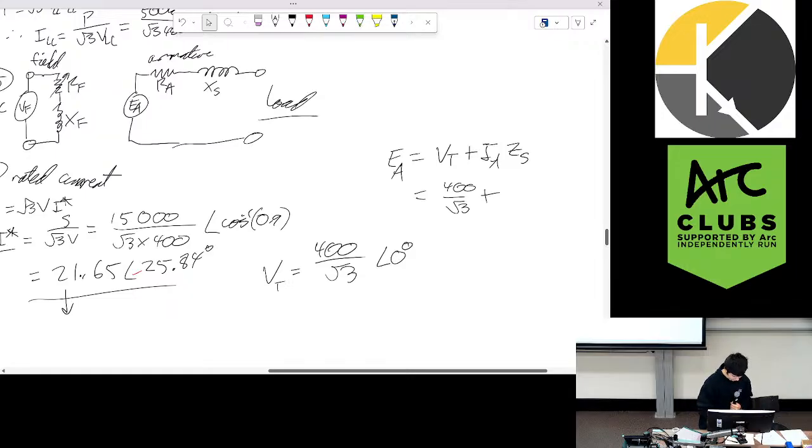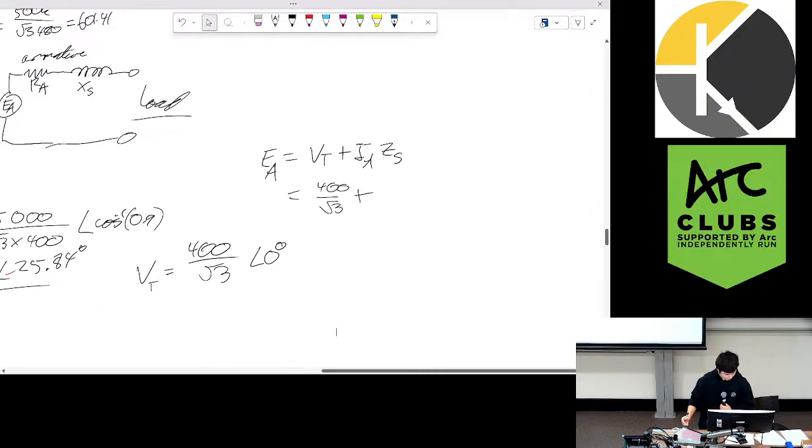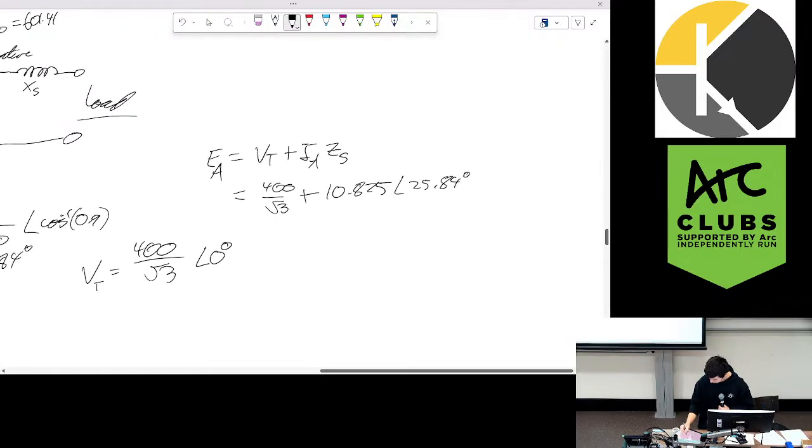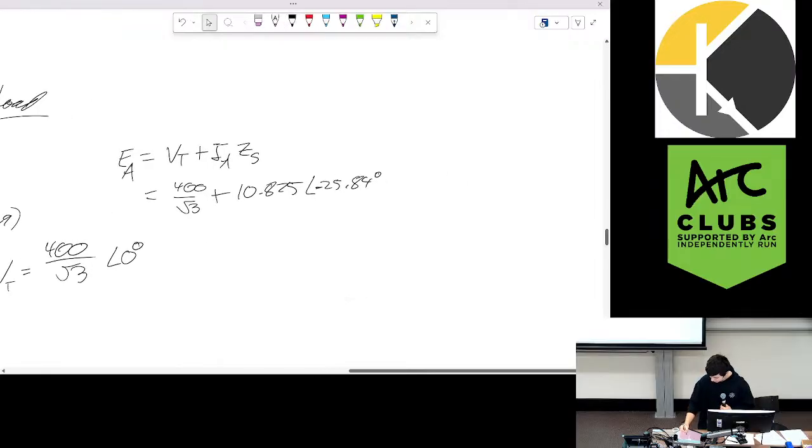I don't know why my calculator is still set to rectangular, that's a little silly. 10.825 angle negative 25.84 degrees, which is now going to be multiplied by 10j plus 0.5.